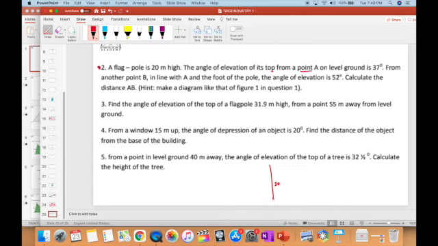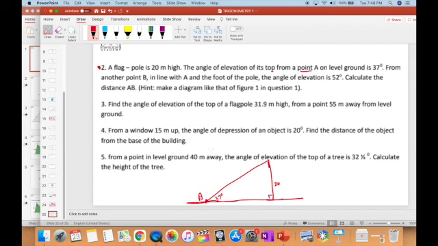So from level ground here, this is level ground, so obviously this is 90 degrees, right? And from a point A, the angle of elevation is 37 degrees. So the angle of elevation, if you're looking at the top, this is 37 degrees, right?